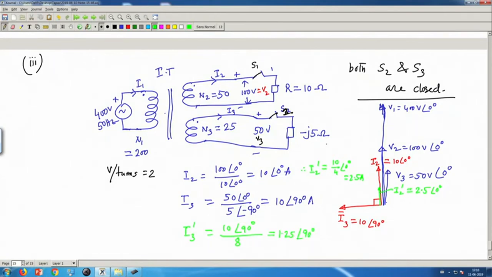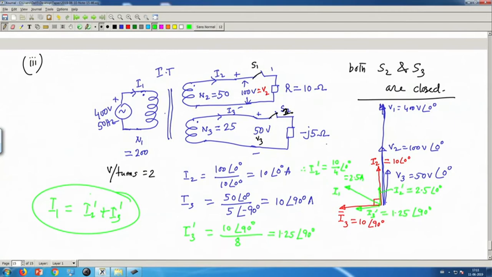So, this is I 2 dashed and this is I 3 dashed, which is equal to 1.25 angle 90 degree. Then I 2 dashed plus I 3 dashed is your I 1. Therefore, I 1 will be equal to I 2 dashed plus I 3 dashed.